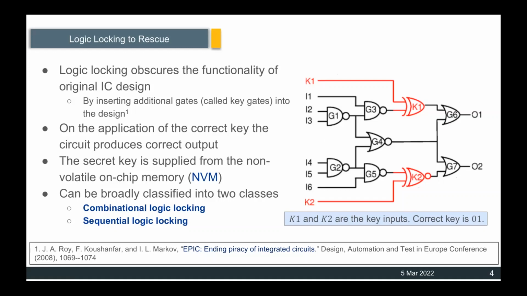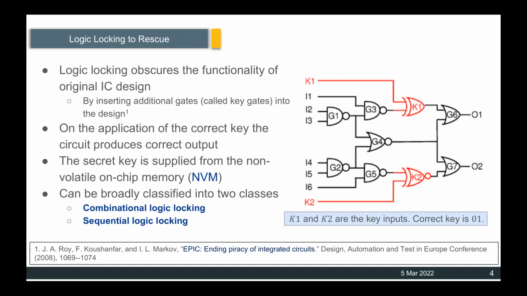And therefore, it becomes extremely hard for the adversary, without the knowledge of the key, to know what the real circuit is. It is really difficult even for a person who has access to the netlist and also the internal details of the chip, because the key is unknown to the adversary.